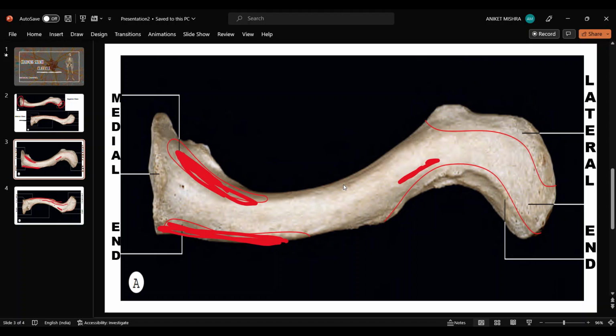Cartilage then develops at both ends of the clavicle. The medial cartilaginous mass contributes more to the growth in length than does the lateral mass. The two centers of ossification meet between the medial three-fifths and lateral two-fifths of the clavicle.